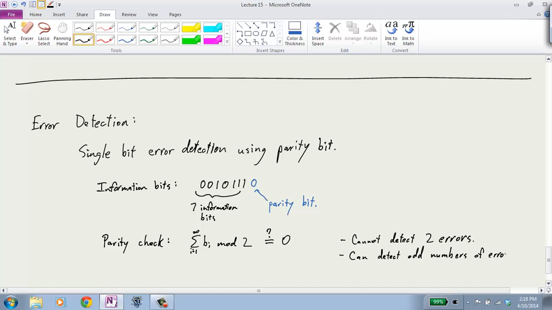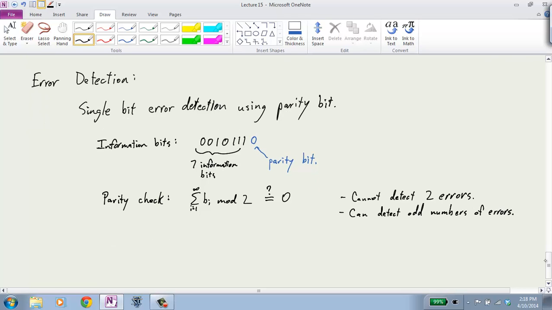In fact, we care mostly about the 1 error more than the 3 errors and the 5. If you expect errors to be infrequent, then 1 error is going to be way more common than 3 errors. So it's the 2 and the 4 that we care about. The problem case would be 2 errors. That's the most significant problem case, right? Okay, so this detects and has some guarantees. It'll detect as long as there's no more than 1 error.